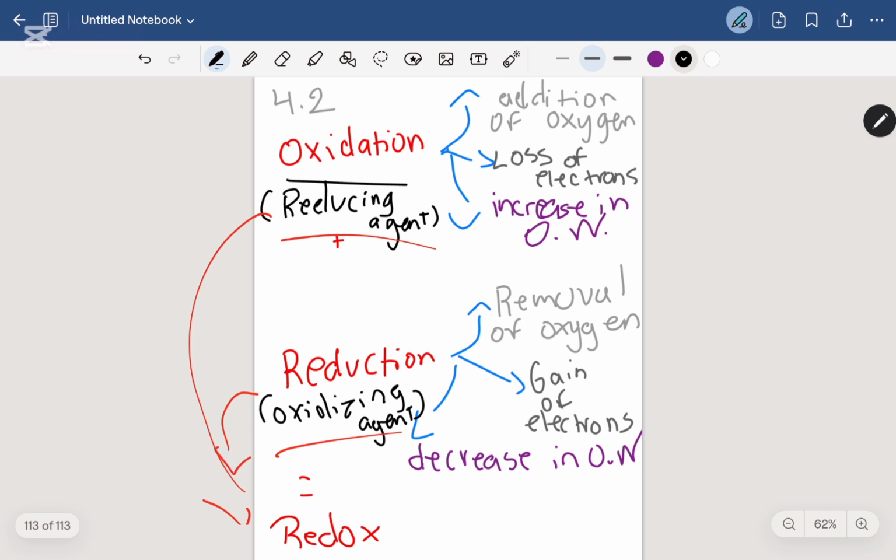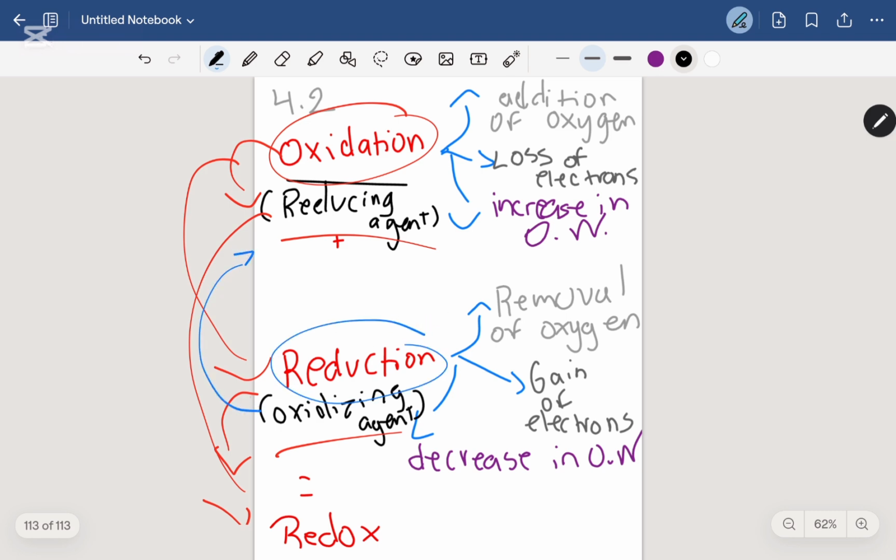So the thing that undergoes oxidation is called the reducing agent because it will trigger the other element or compound or whatever to undergo reduction. All right, and it's the same the other way. The thing that undergoes reduction is called the oxidizing agent because it will trigger the other element or compound or whatever to undergo oxidation.